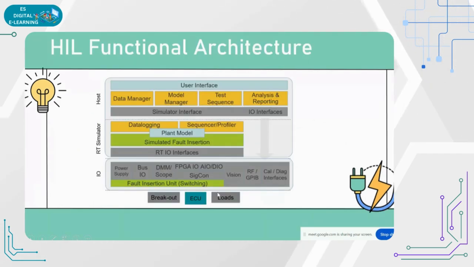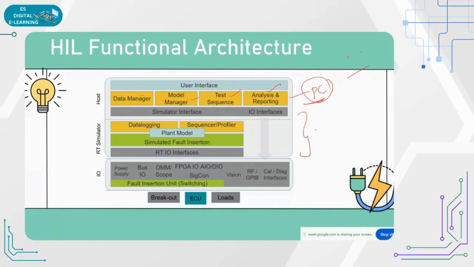Usually the HIL configuration, the functional architecture, has the IOs and the host. Here the host is our PC. In the PC system we have a data manager, model manager, test sequence, and analysis, which we do on the lab PC.